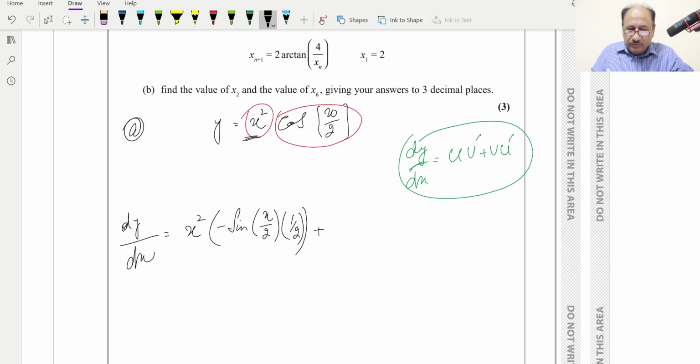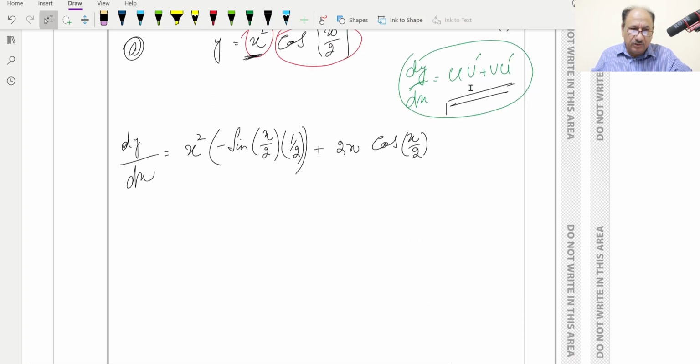Then the derivative of the first function, x squared, is 2x, and the second function as it is, cos of x by 2. So we have applied this formula to differentiate the given equation.